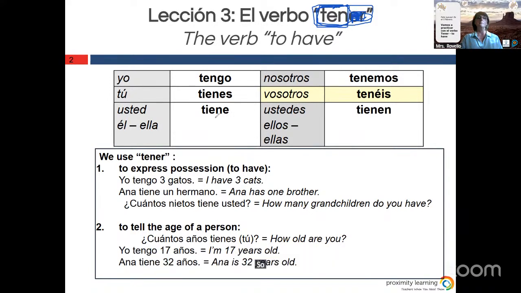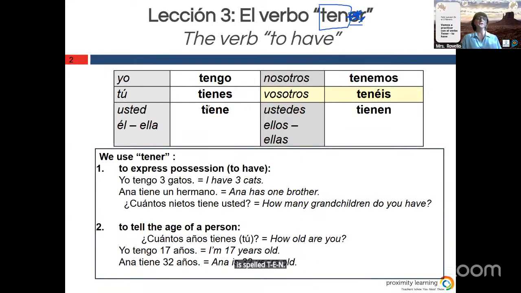So let me erase. Let me start again. Listen up. This is called an ER verb because it ends in an ER. I want to find the stem or the root. So I'm going to get rid of this. I'm going to color it out. That means my stem or my root that's left is spelled T-E-N.